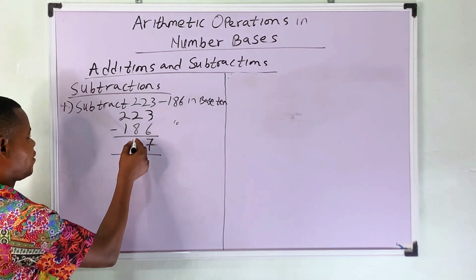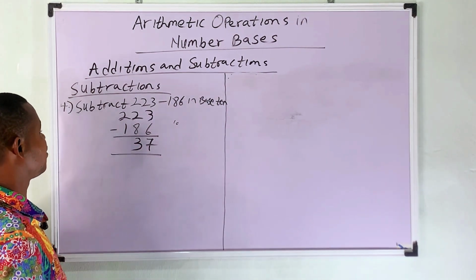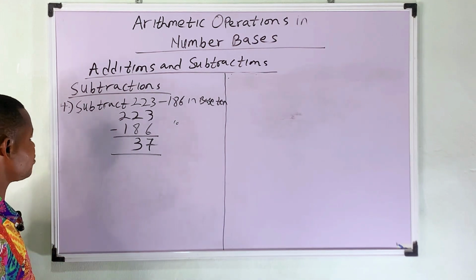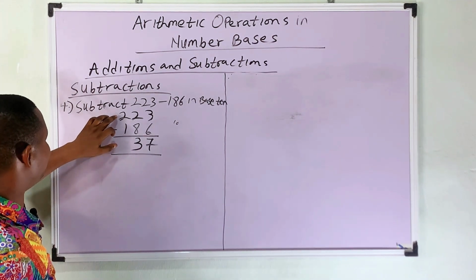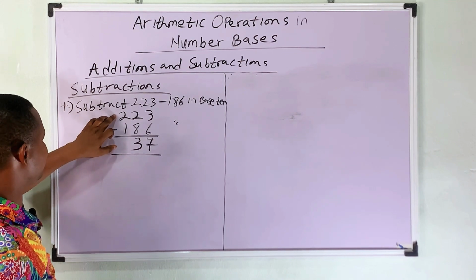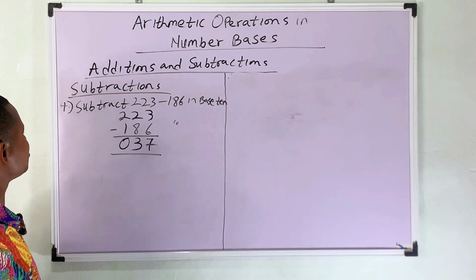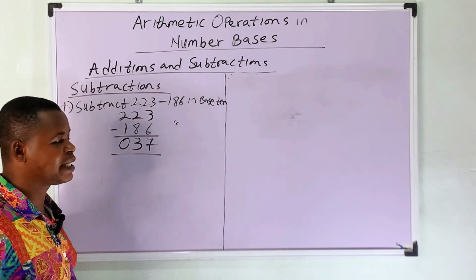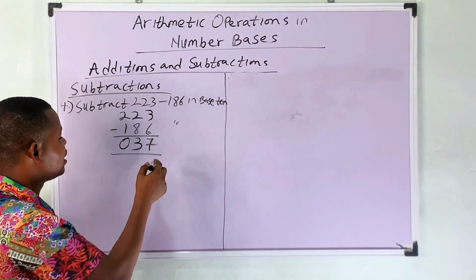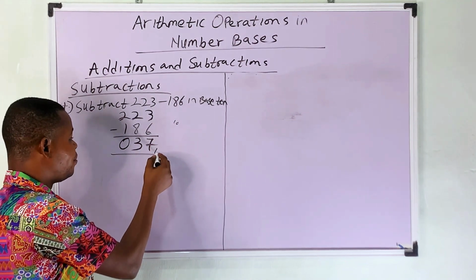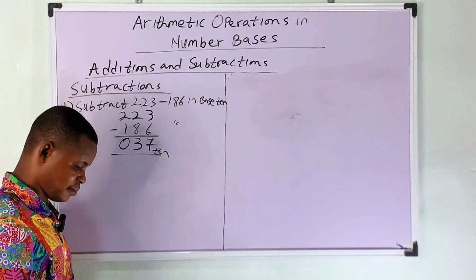That is 3. So we have 1 left here. 1 minus 1 will give us 0. So that means 223 minus 186 in base 10 will give us 37 in base 10.